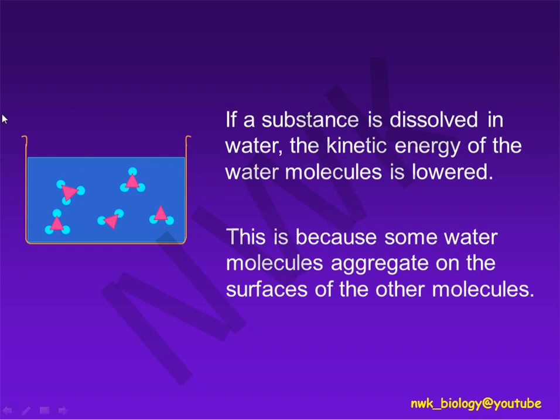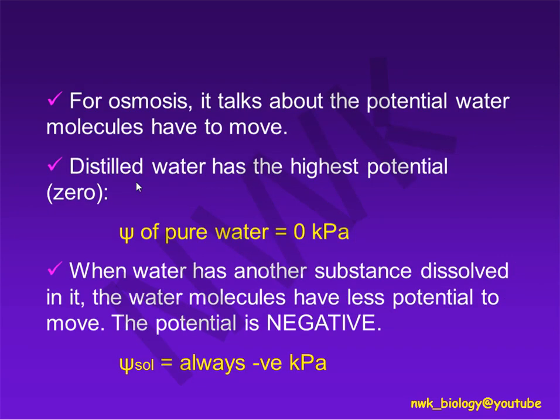So always remember, when you have more solute particles in the solution, more water molecules will bind to the solute particles. By this, the kinetic energy of the water molecules will decrease drastically. In conclusion, we can say osmosis talks about the potential water molecules have to move.